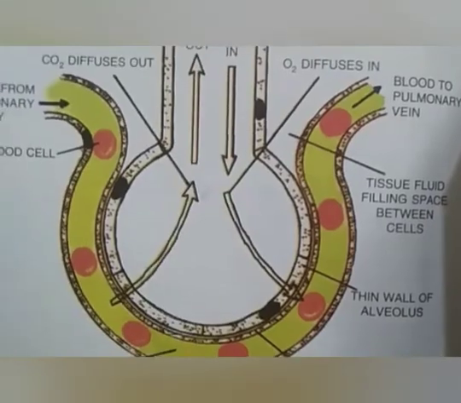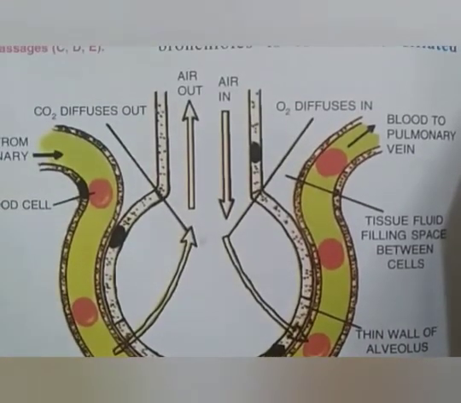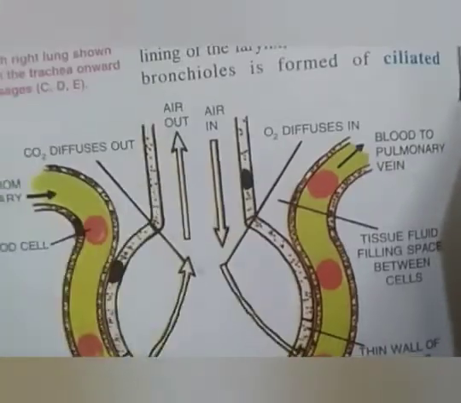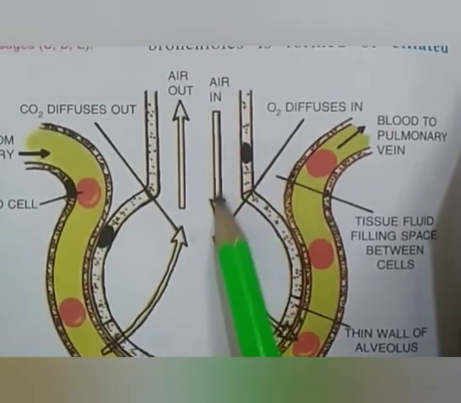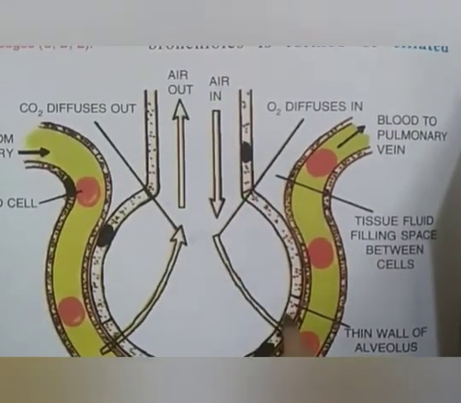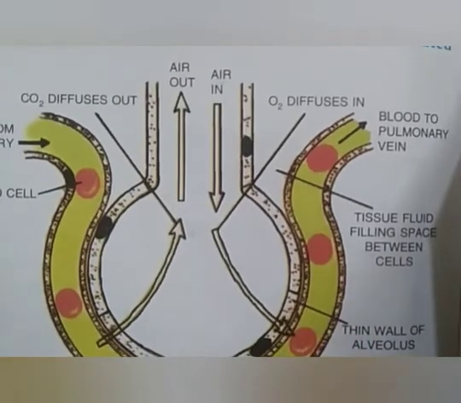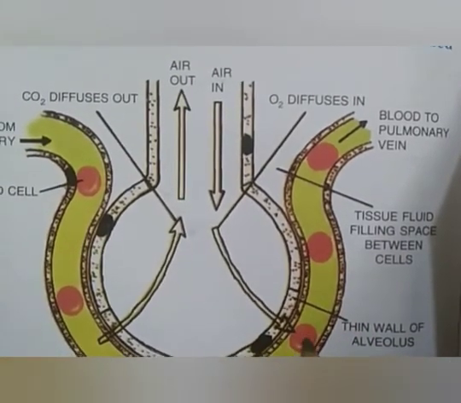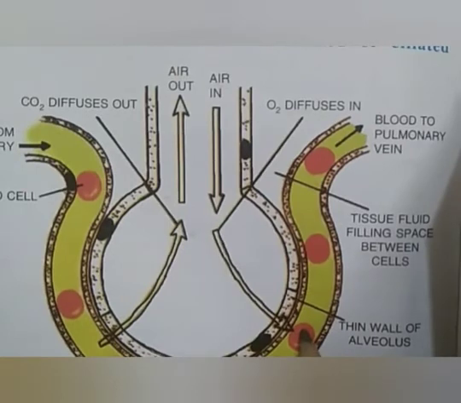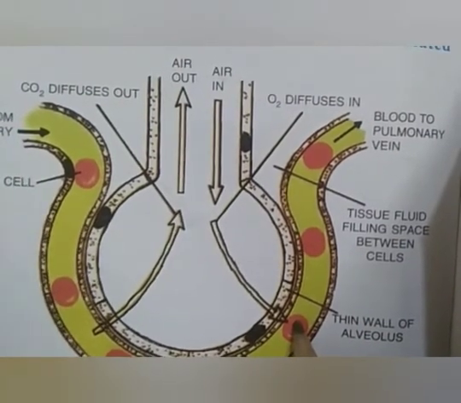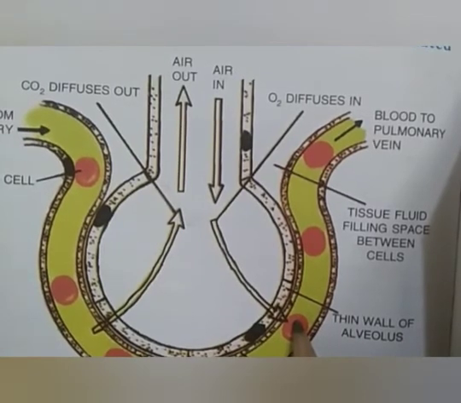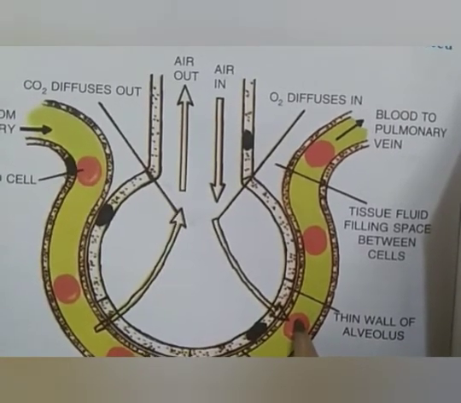So here, what is happening? You can see written here, air in. Which air are we taking in? Oxygen. So air finally enters into the alveoli. There is a network of blood capillaries. The oxygen comes into the blood, where it will oxidize the food, that is the glucose, and after the oxidation, we utilize the energy.